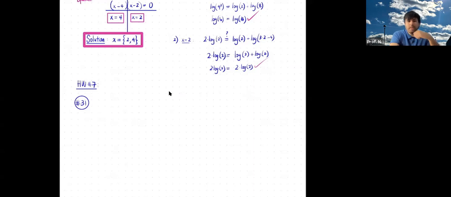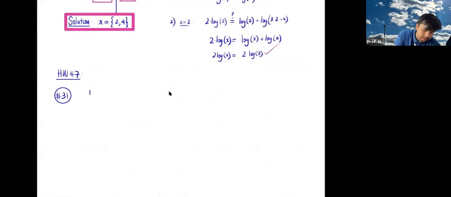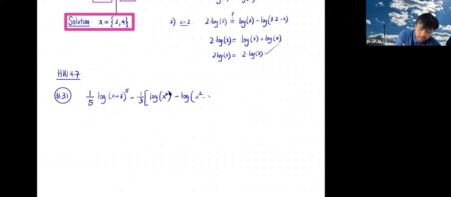So number 31. Wow, that looks like a lot. So again, I have different numbers, okay? So this is number 31 from homework number 7. Logs, right? So this is 1/5 log of (x plus 3) to the 5th plus 1/3 times parentheses log of x to the 6th minus log of (x squared minus x minus 12) cubed.